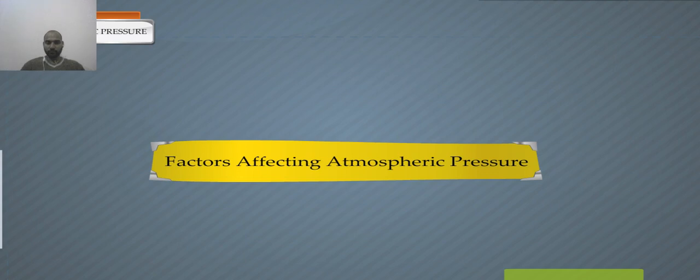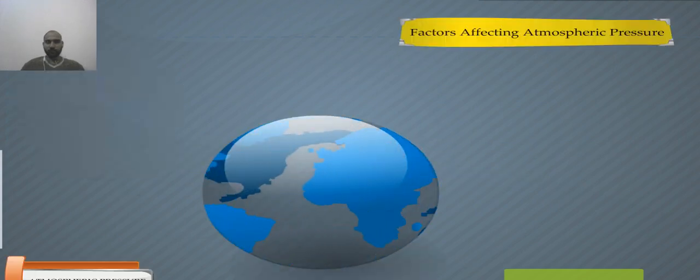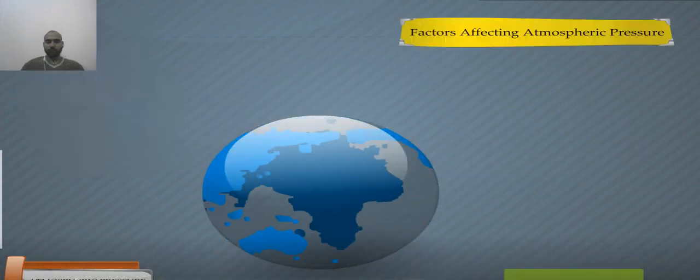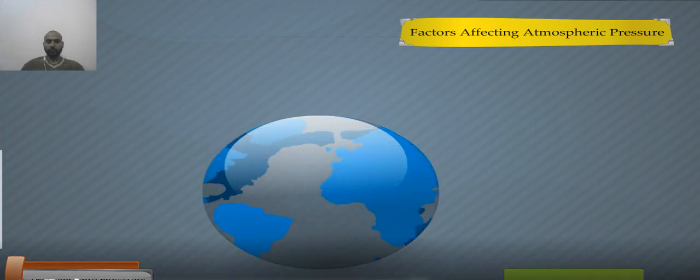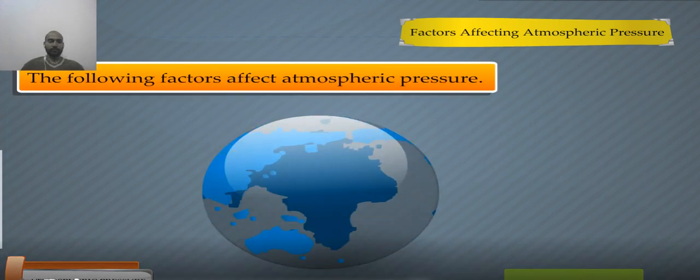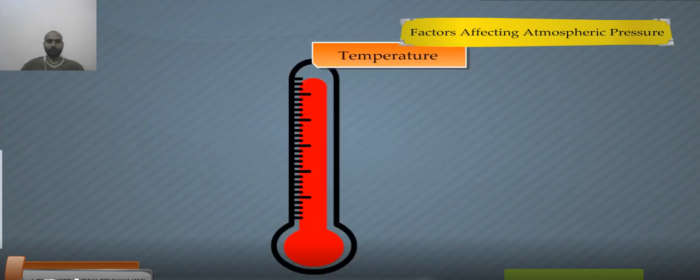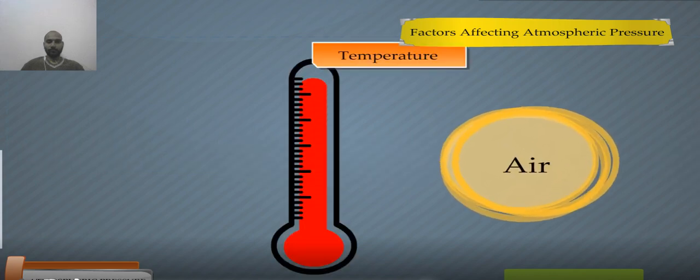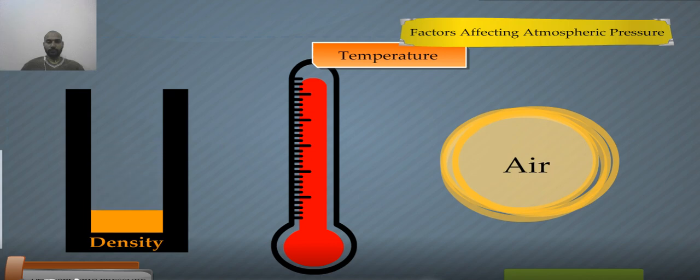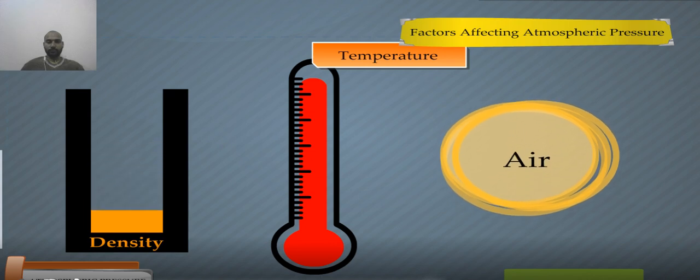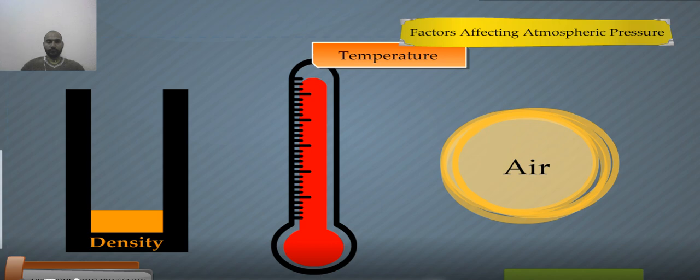Factors affecting atmospheric pressure. Atmospheric pressure on the Earth's surface is not uniform and varies from place to place. The following factors affect atmospheric pressure. Temperature. When the temperature increases, the air expands and its density decreases. Due to this, the air becomes lighter and exerts less pressure.